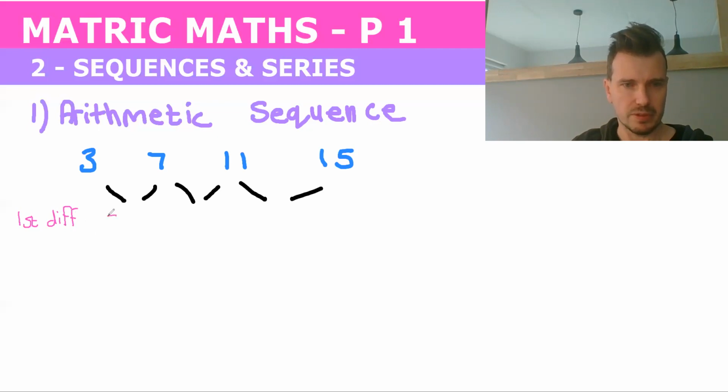Okay, and we get 4, 4, 4. So we can stop straight away. We know it's an arithmetic sequence.